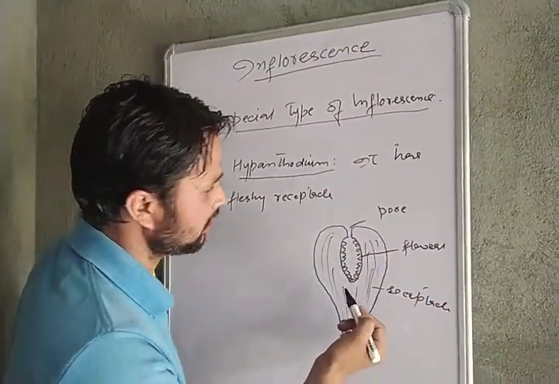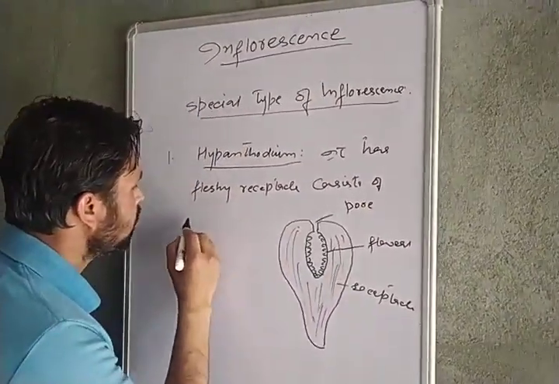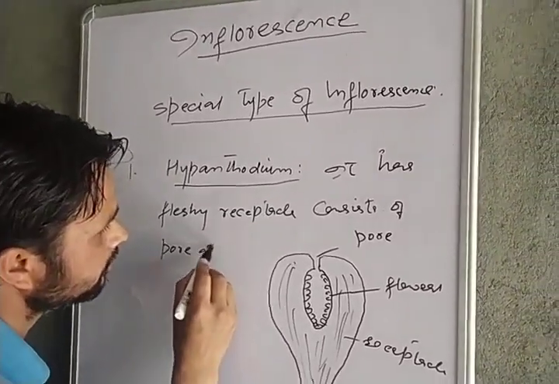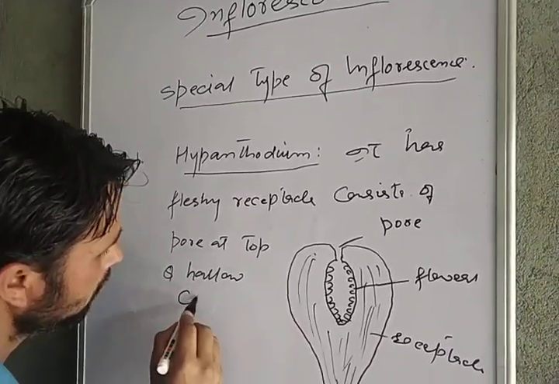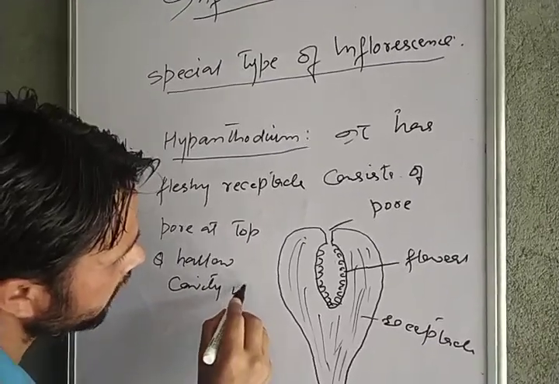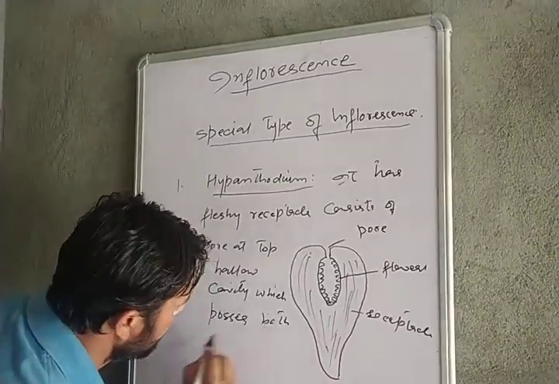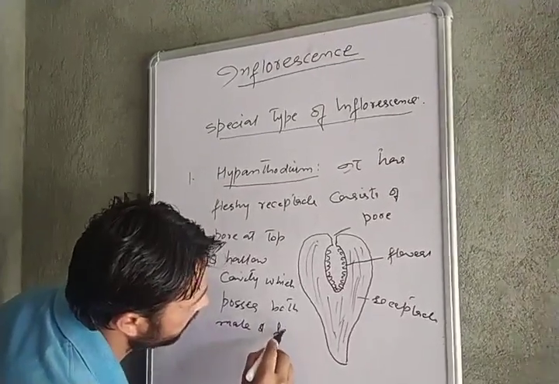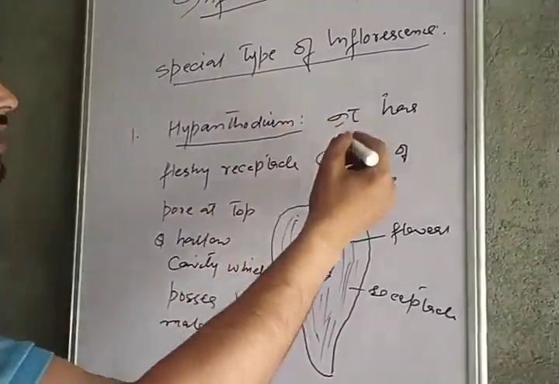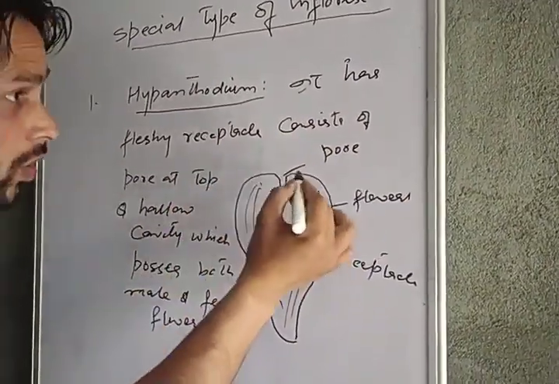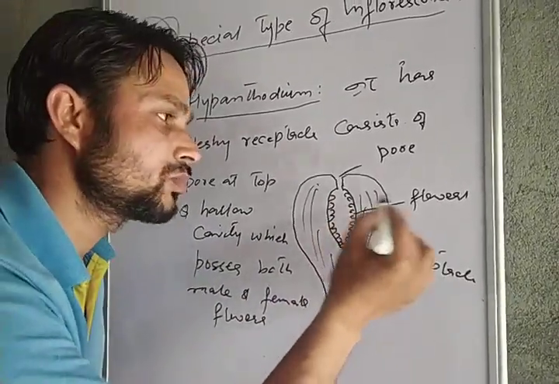It consists of a pore at top and a hollow cavity, which possesses both male and female flowers.